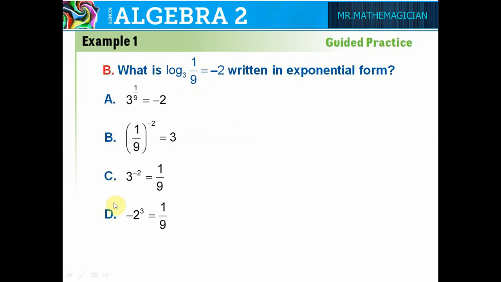Is it A, B, C, or D? We all know that 3 is the base, negative 2 is the power, so the accurate choice will be, yes, it is C.